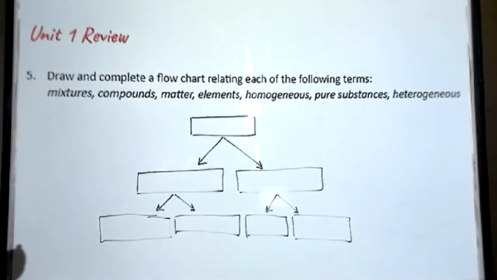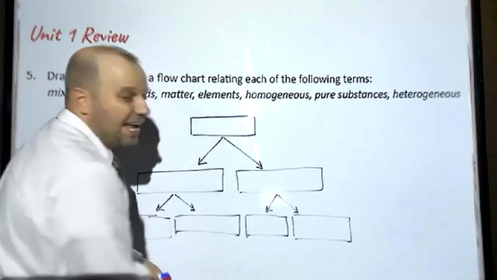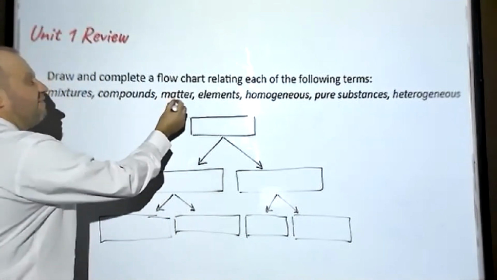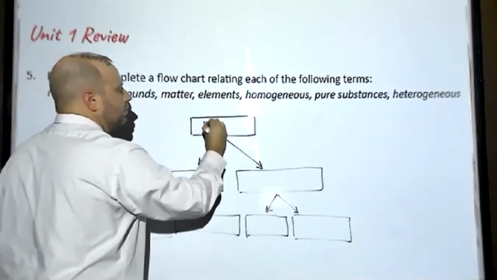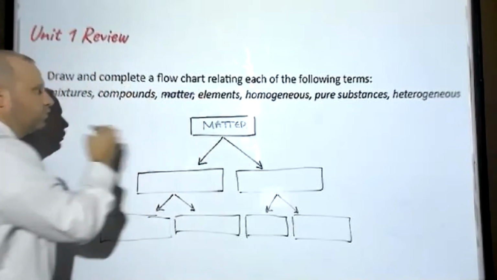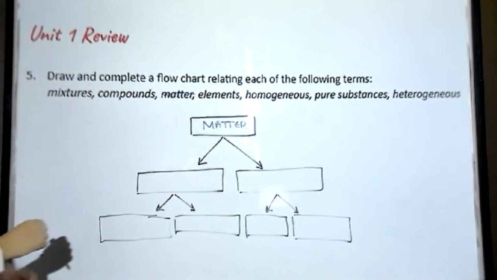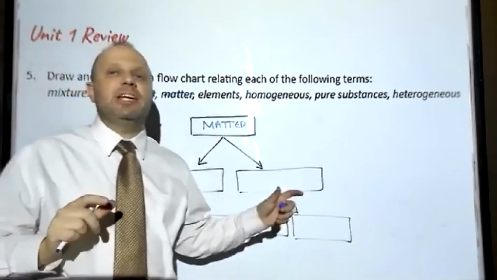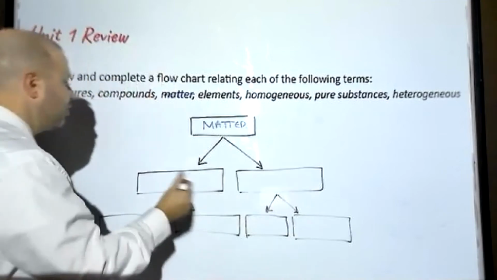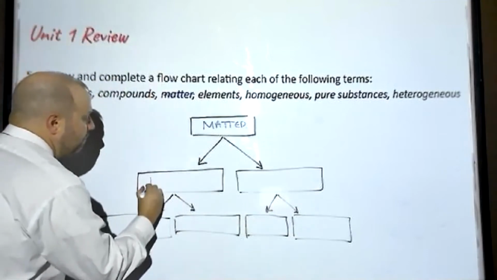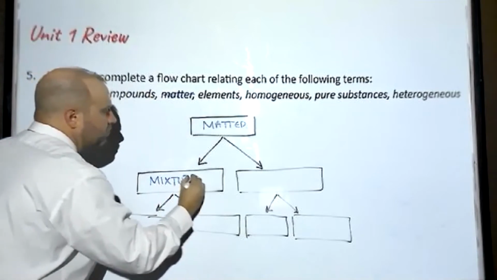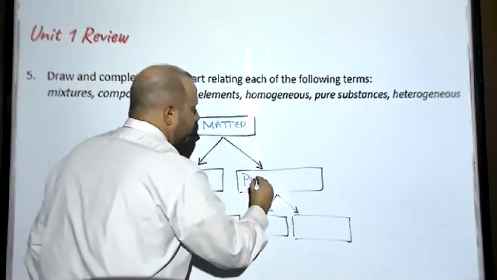This is what our chart is going to look like. And if we start all the way at the top, we're going to have matter. And then the two different types of matter, again, we did this way back in early September. So we have a mixture or a pure substance.